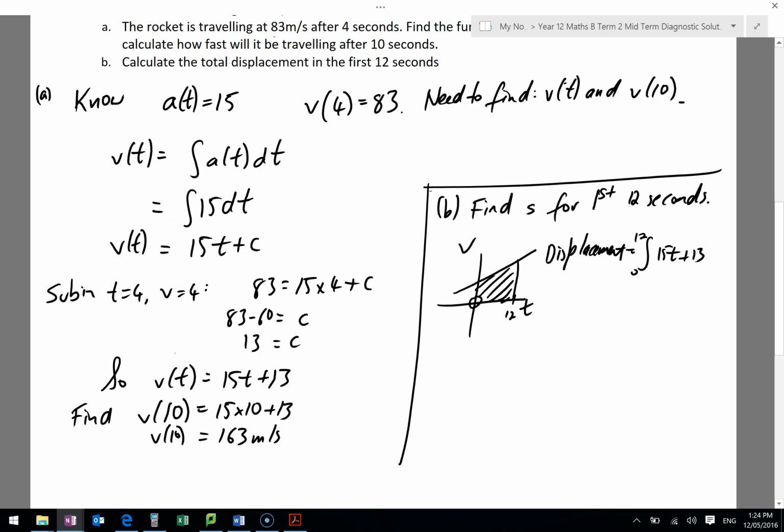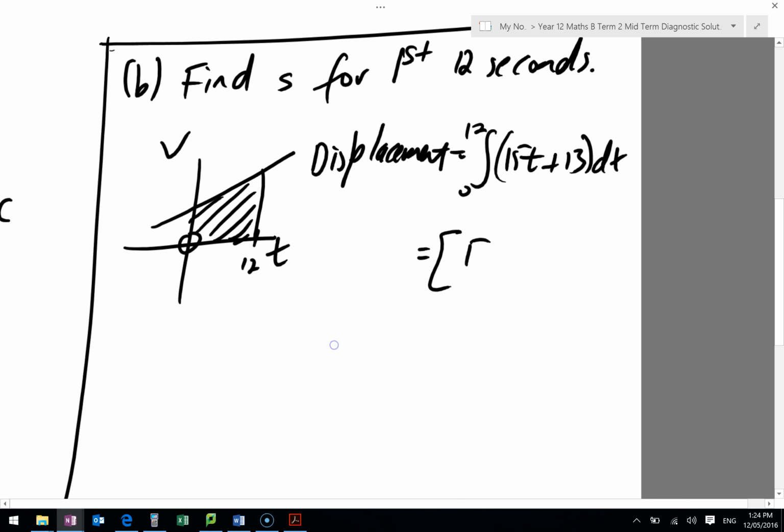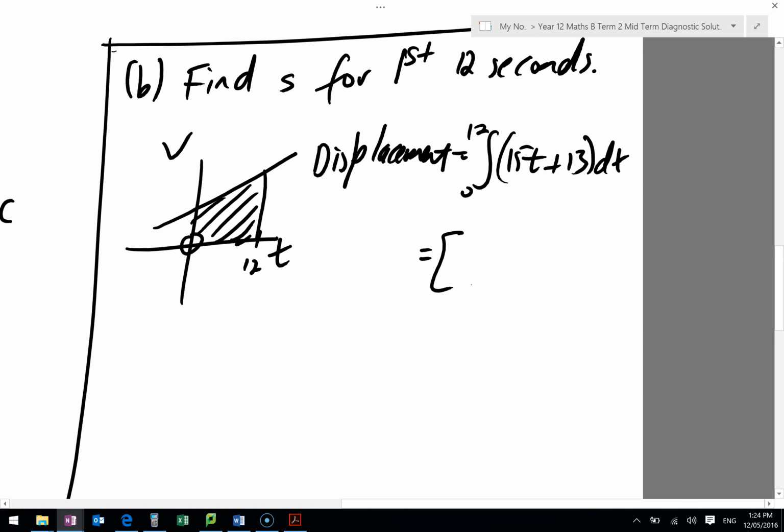Phew, almost made a mistake. This is dt. So I'll integrate away. It's 15t squared on 2 plus 13t, between 0 and 12. And I'll substitute in 12 and then subtract 0 substituted in.